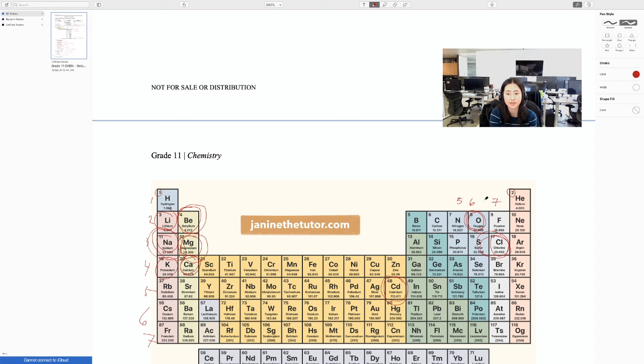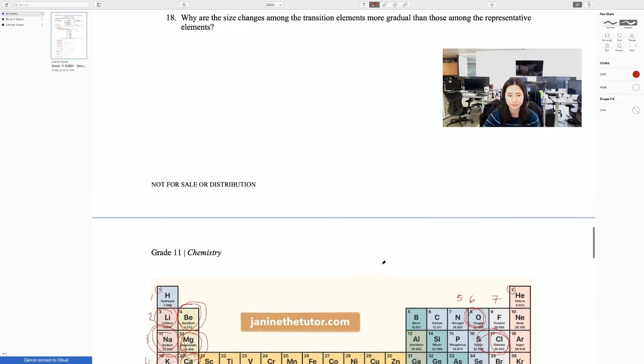Because if you think about it, if you have 7 valence electrons, it's just easier for you to gain 1 more electron to achieve that full octet, as opposed to getting rid of the 7 valence electrons, right? Because it would require you more energy in that sense.